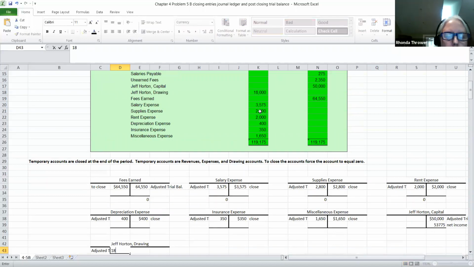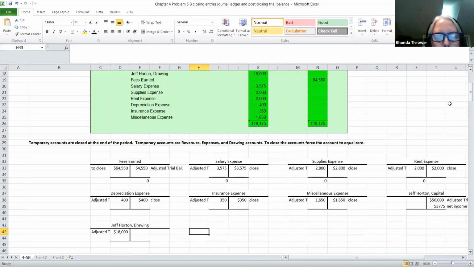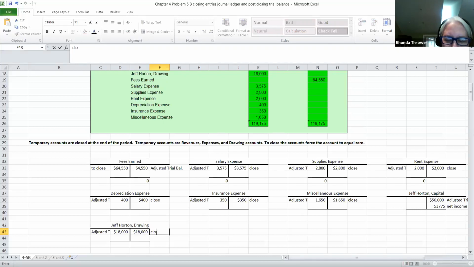So I'm going to put 18,000 here on the debit side because drawing has a normal balance on the debit side. It increases on the debit side. And to close this, I would have to credit this account for 18,000. And that will close out the drawing account. That means that this account will end up with a zero balance here.